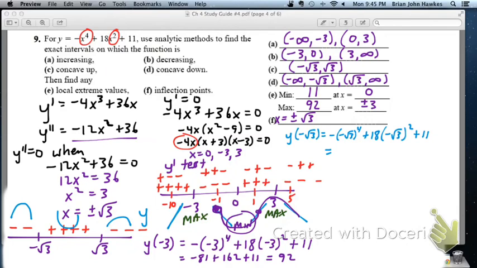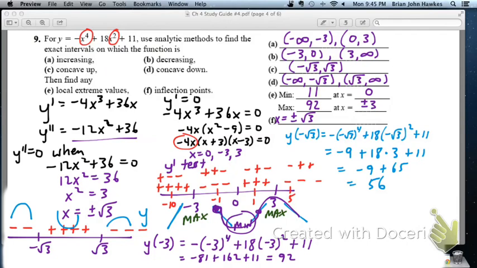And so what do we have here? Radical 3 to the fourth is like 3 squared, so that's 9. So we have negative 9 plus 18 times radical 3 squared, that's just 3, plus 11. That's not so bad. 18 times 3 is 54. 54 and 11 is 65, and 65 minus 9 is 56.